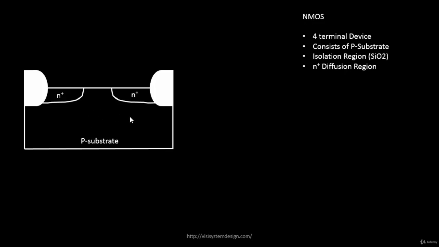For now, just take it from me that this is the shape of the NMOS transistor, where you have this N plus source area and this N plus drain area. These are called the source terminal and the drain terminal. I'll come to terminals in some time.